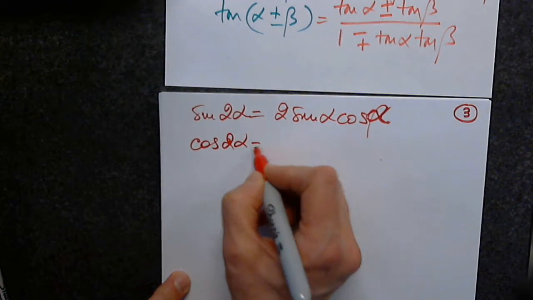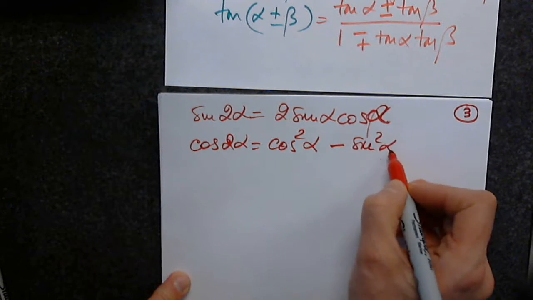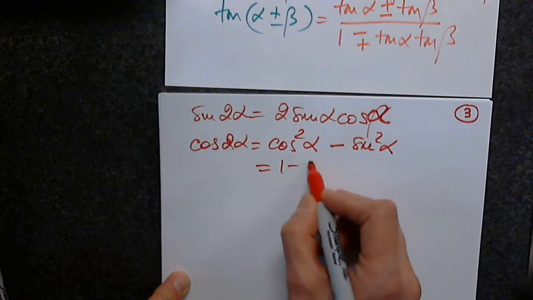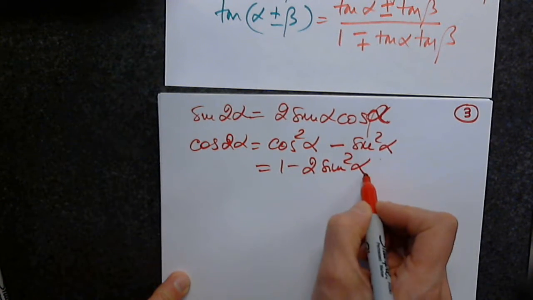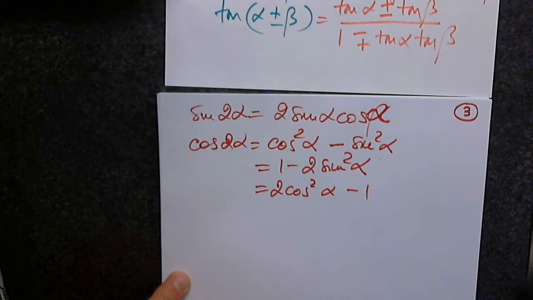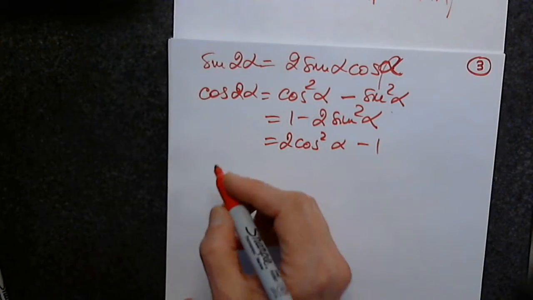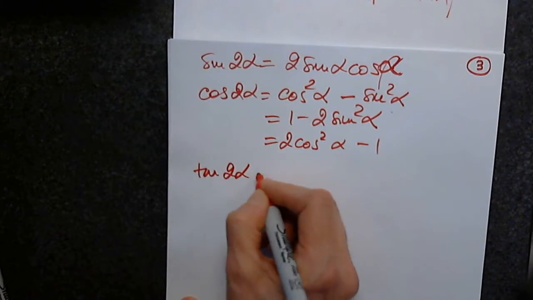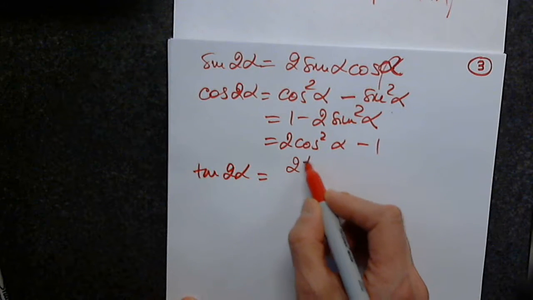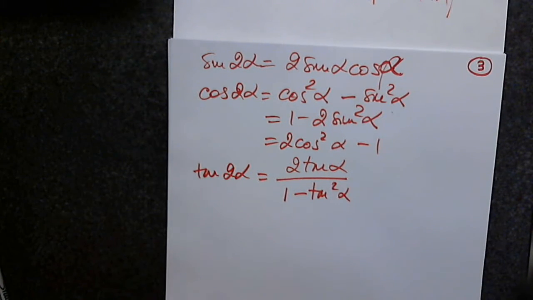Cosine twice alpha equals cosine squared alpha minus sine squared alpha, or 1 minus 2 sine squared alpha, or 2 cosine squared alpha minus 1. This is the only one with 3 options. And tangent twice alpha is 2 tangent alpha over 1 minus tangent squared alpha.